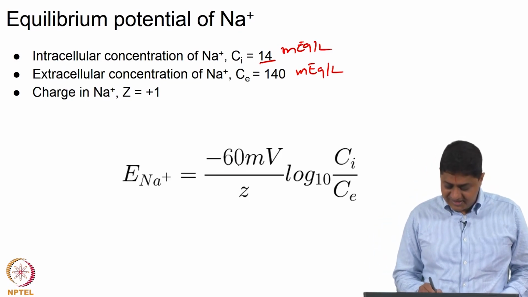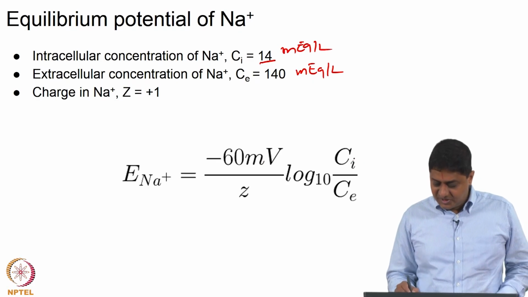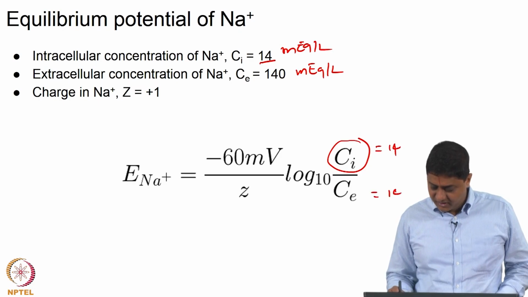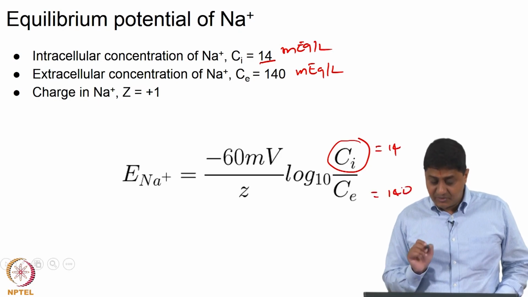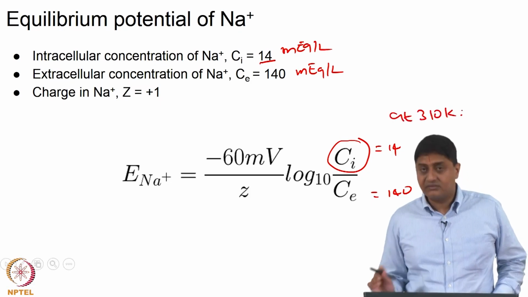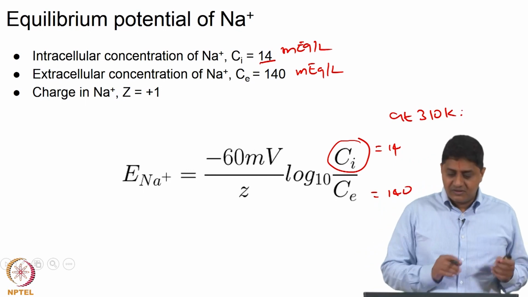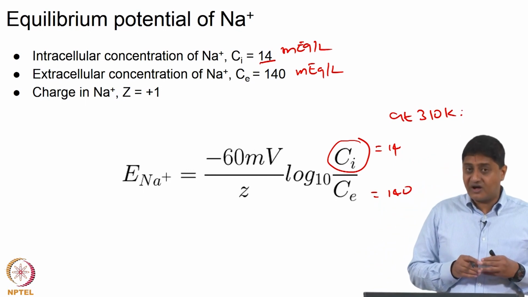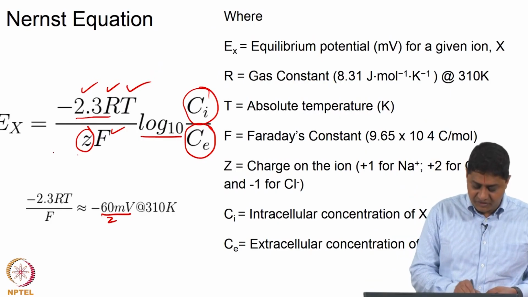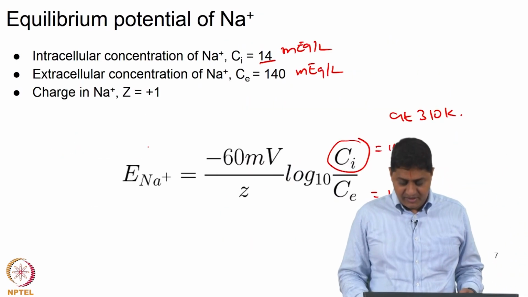And we already said that the Nernst potential is minus 60 millivolts by Z, log base 10 of Ci by Ce. So, I can substitute Ci as 14, Ce as 140. Once again this is computed at 310 Kelvin, let us remember that. Suppose the problem asks you to compute this for a different temperature, then you have to go back to the general form of this equation and redo this problem, right.